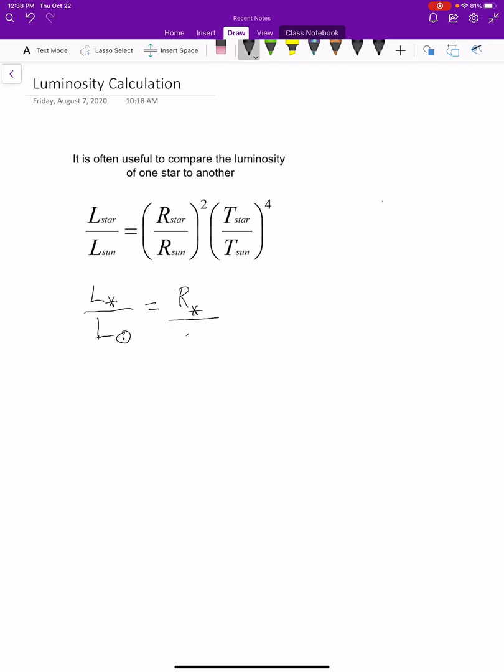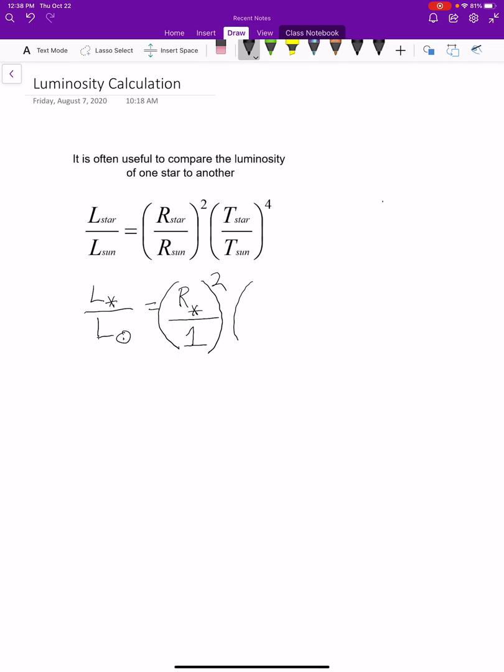The radius of the sun is one solar radius, so your denominator is always going to be the number 1. That isn't going to change.